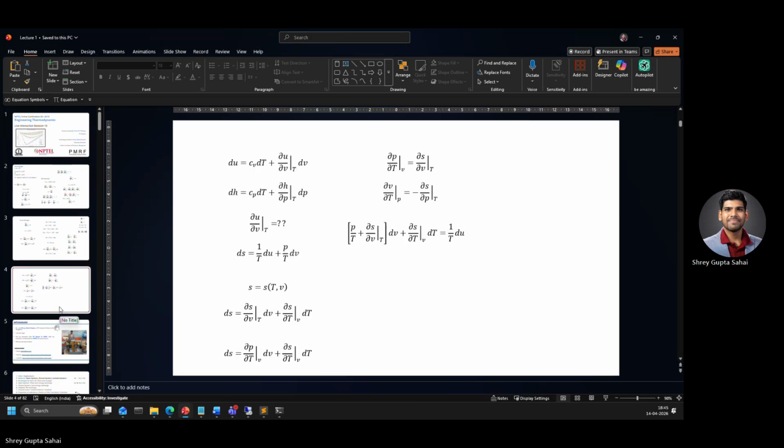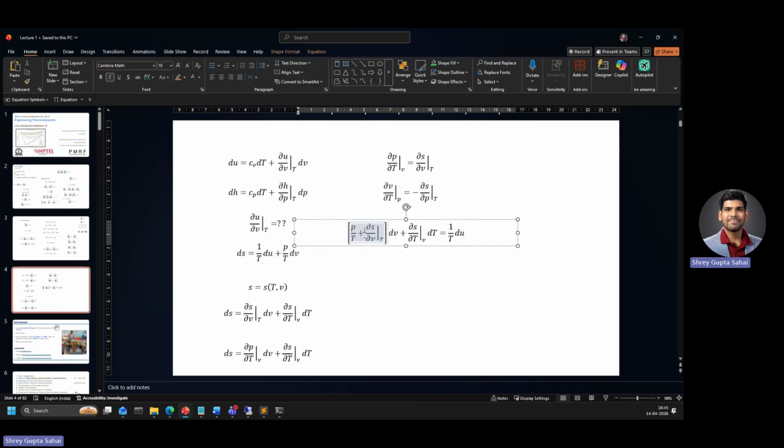Now this will become this relation with this equation.